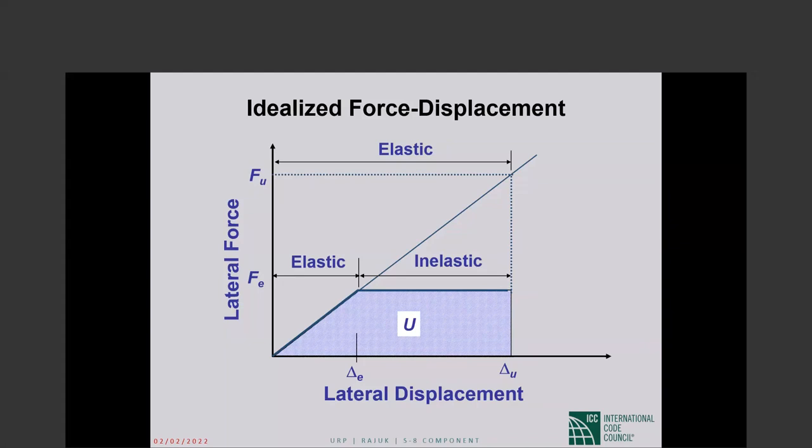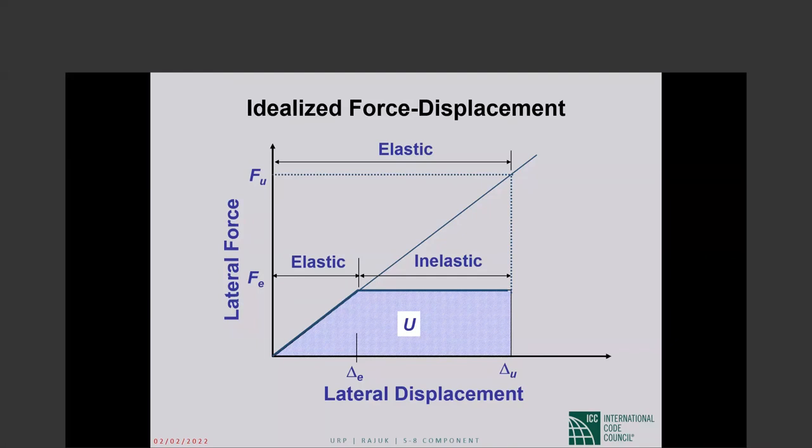In our building codes, the R factor, the response modification factor, sets the design force level. When R value is high, we are designing for a very low design force level. When R value is low, we are designing for a high design force level. So a low R value does not require fancy detailing, but a high R value, which translates into low design force level, requires fancy detailing.